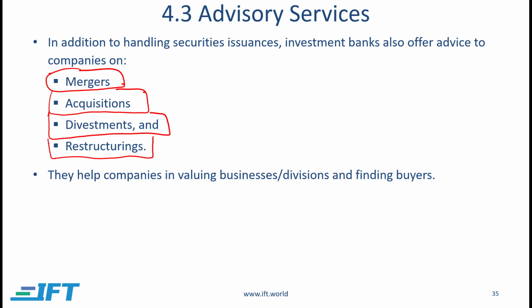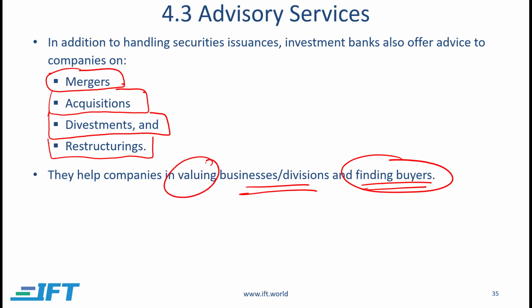So they restructured it, and maybe an investment bank helped them do it. So why would you go about doing it? Maybe you want to separate a business and sell it off, right? You want to calculate the value of a certain business or your business division, and investment banks help companies do that as well.